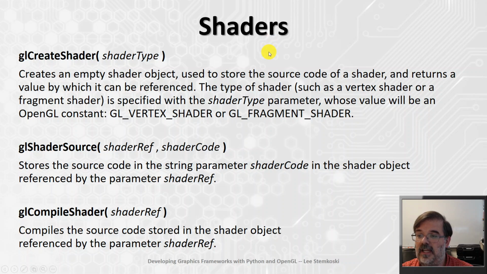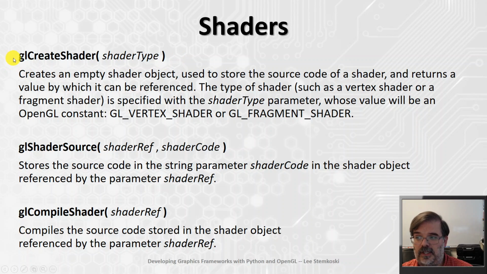This function creates an empty shader object, and it's going to be used to store the source code for a shader. This does have a return value, and it's a reference to the shader object. So it doesn't return a shader object, but returns a reference to the shader object.